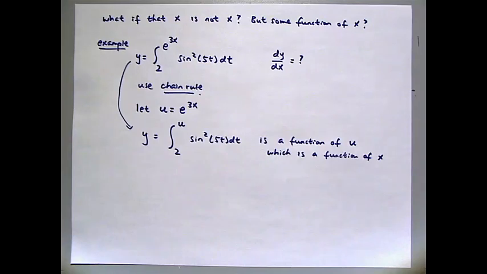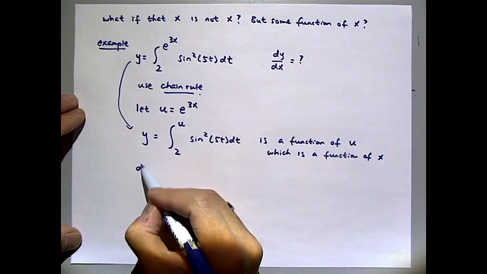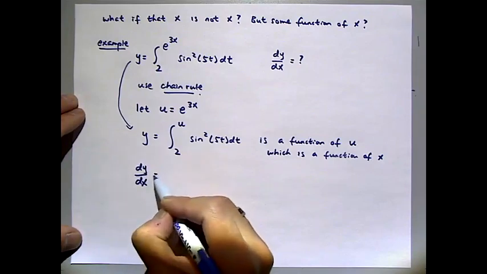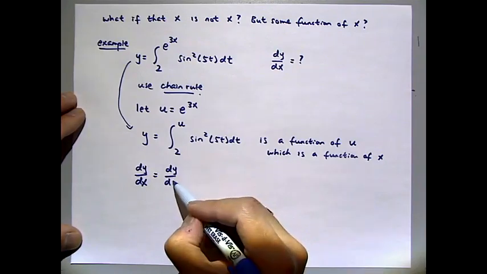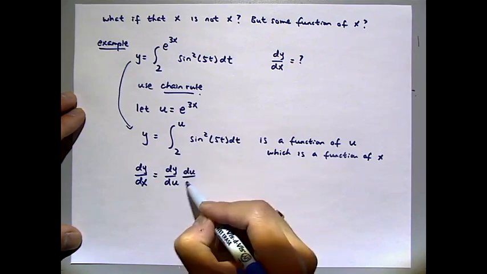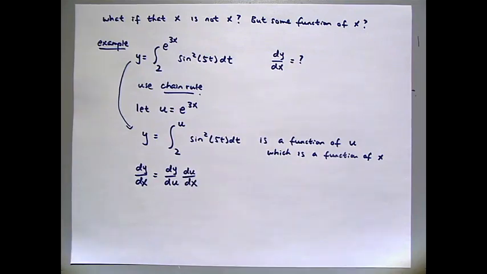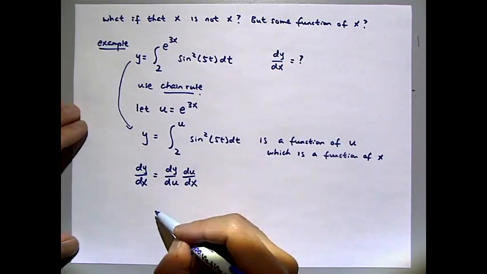So it's a function of u, but u in turn is a function of x. We got an intermediate variable in u here. We know from chain rule, the derivative dy/dx is equal to dy/du times du/dx. Right? That's a basic chain rule that we've used many, many times. It still applies. It doesn't matter what the function looks like. We know how to differentiate it. So the chain rule, of course, applies easily.